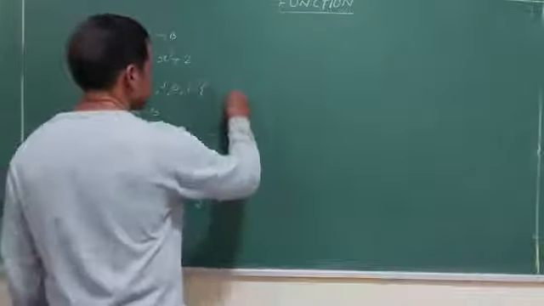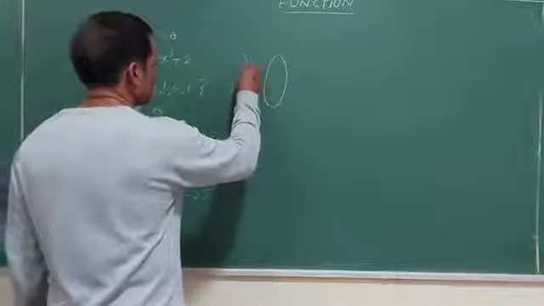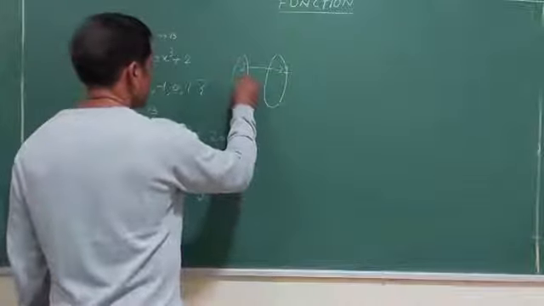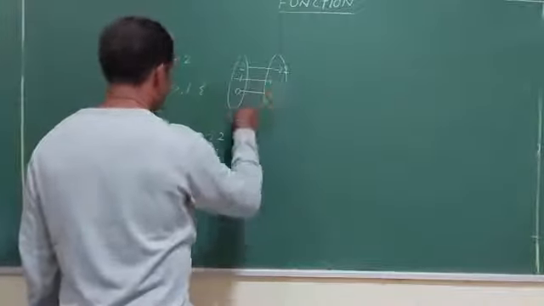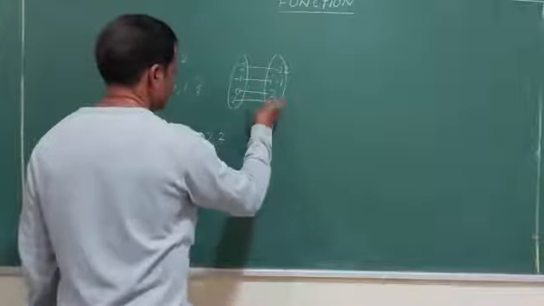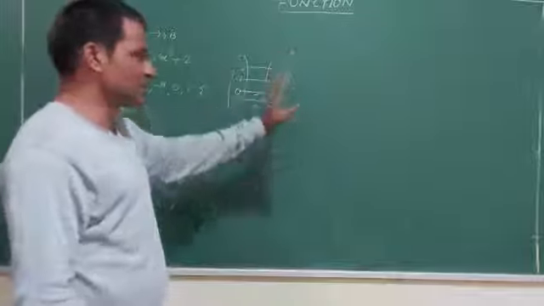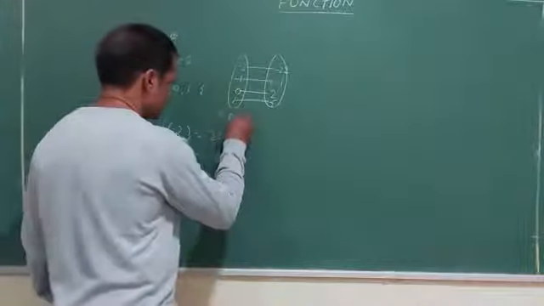So easily you can see how you can write it down: -2 maps to -22, -1 to -1, 0 to 2, and 1 to 5. That means clearly it is visible that this is the domain, and this is the range. This is the pre-image, this is the image.